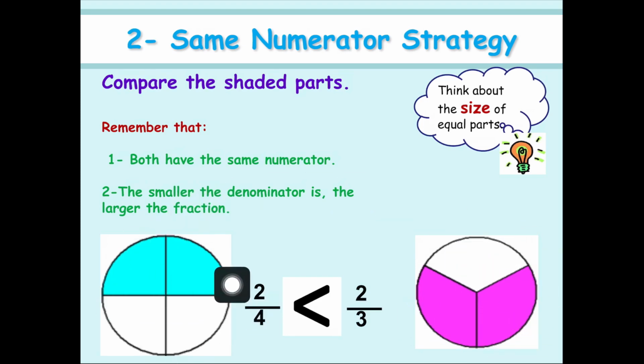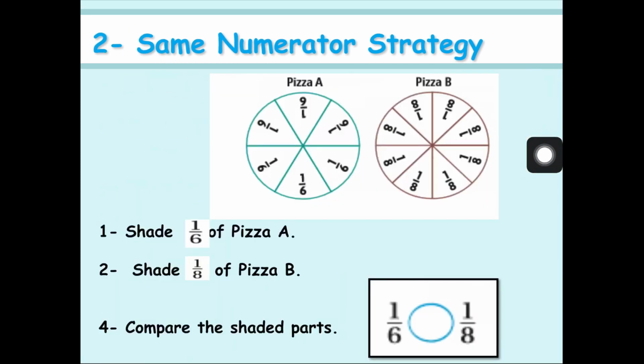If my pizza is split into 4 pieces, I'll get a smaller piece. All right, so 2/3 is greater than 2/4 because we have fewer pieces here. So the fewer pieces we have, the more I can get. That's the same numerator strategy.